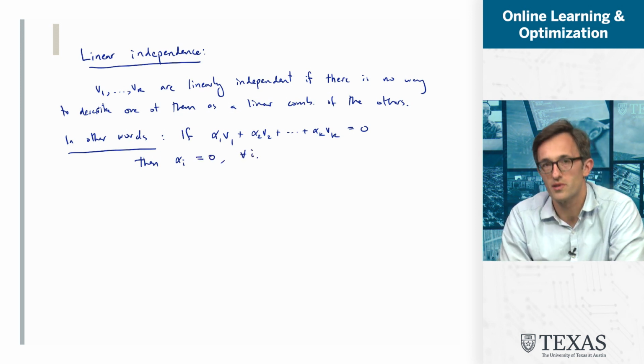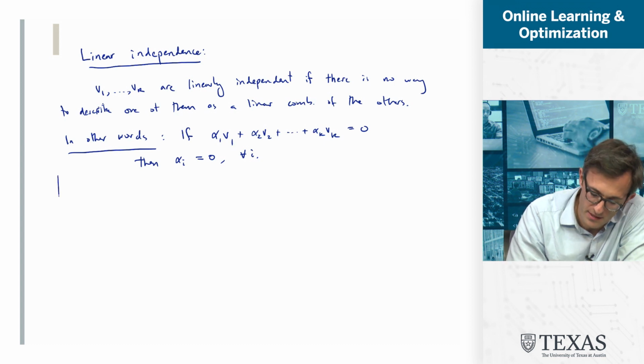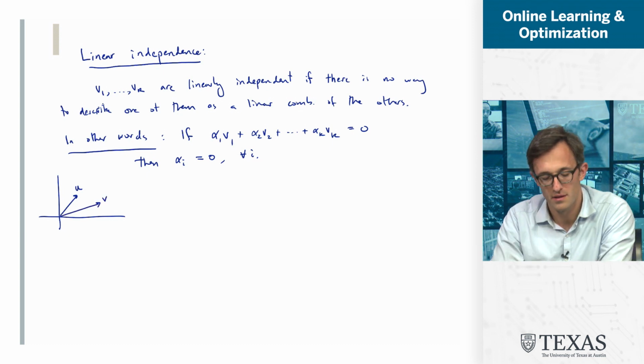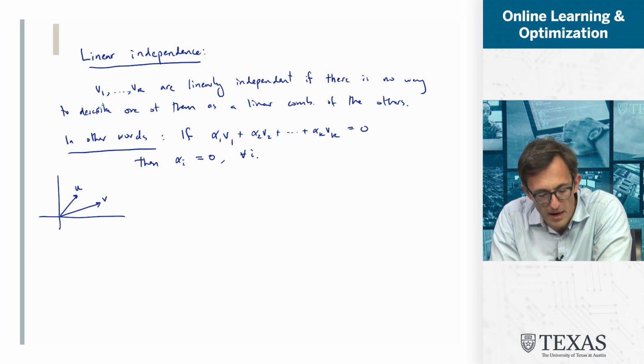So let's revisit our simple example from the previous page, where we had these two vectors, u and v. Note, how could I combine these to form the 0 vector?